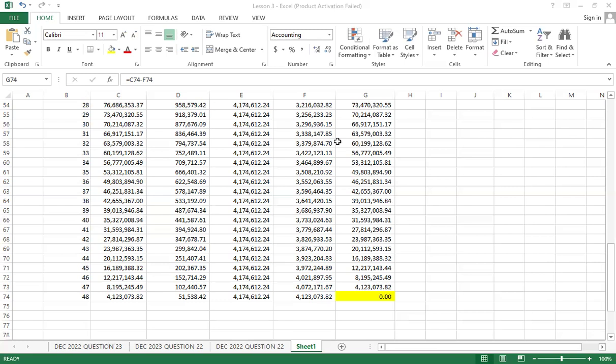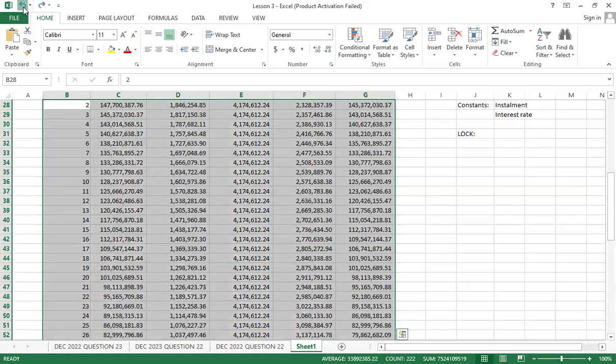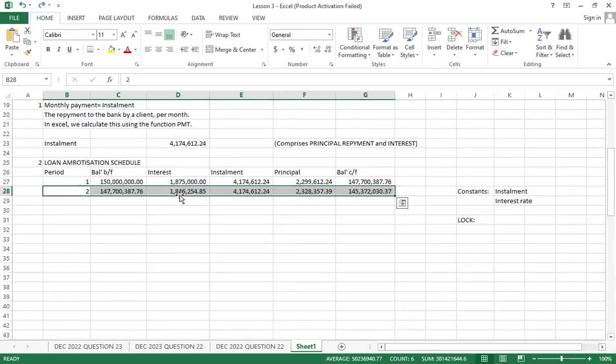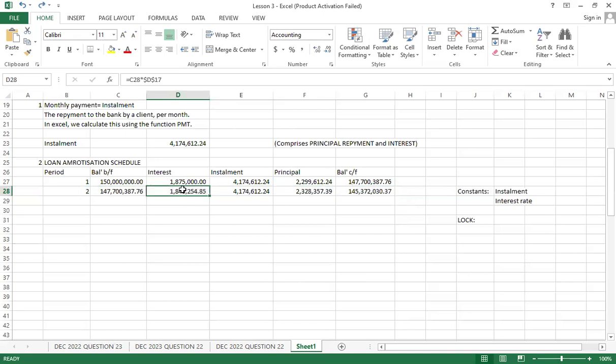My brother, what I've said is very simple. I have said that when you come to this interest, this one here, double click on it and go back to the formula for it. The formula for it is one cell times another.